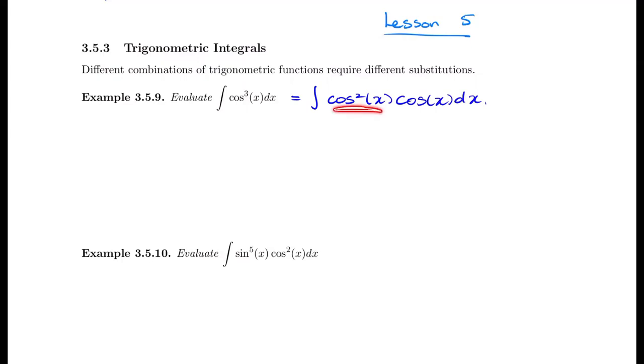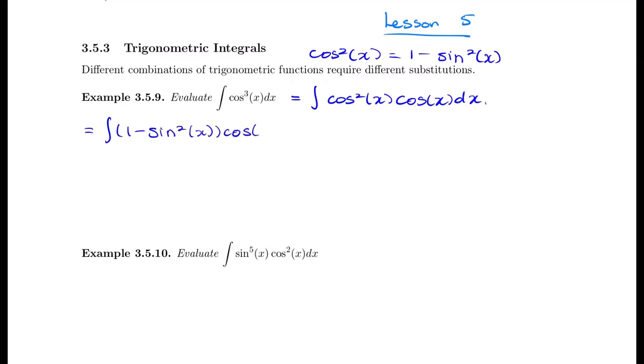See here, cos squared of x, I could actually write this as 1 minus sine squared of x, right? That's by the Pythagorean identity. So once I write that down, I have 1 minus sine squared of x multiplied by cos of x dx.